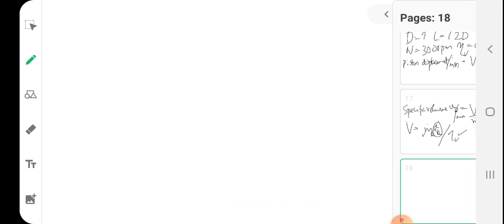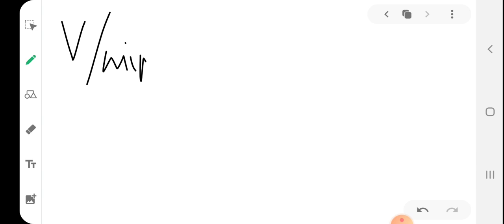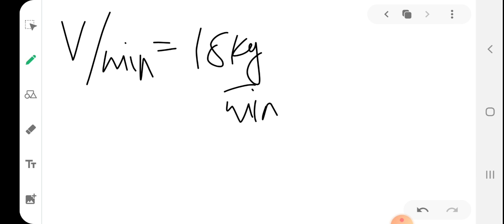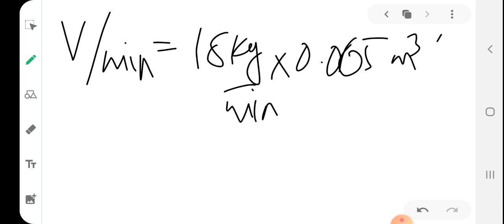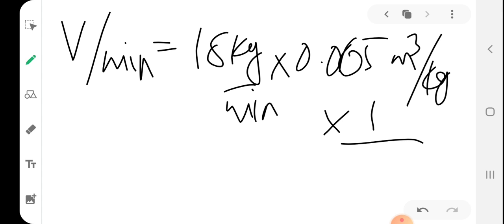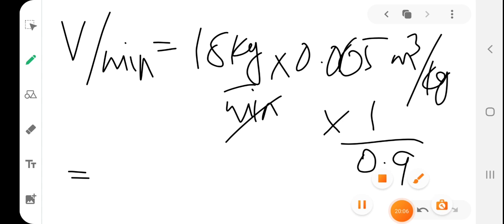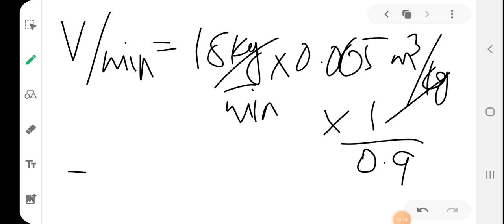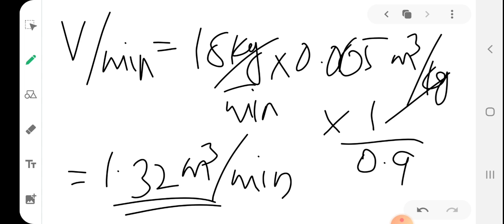So volume per minute, piston displacement per minute will be 18 kilogram per minute into 0.065 meter cube per kilogram into 1 by efficiency. 1 by efficiency is how much? 0.9. Kilogram and kilogram cancel. 18 into 0.065 by 0.9 will be around 1.32 meter cube per minute. So this is the piston displacement per minute.